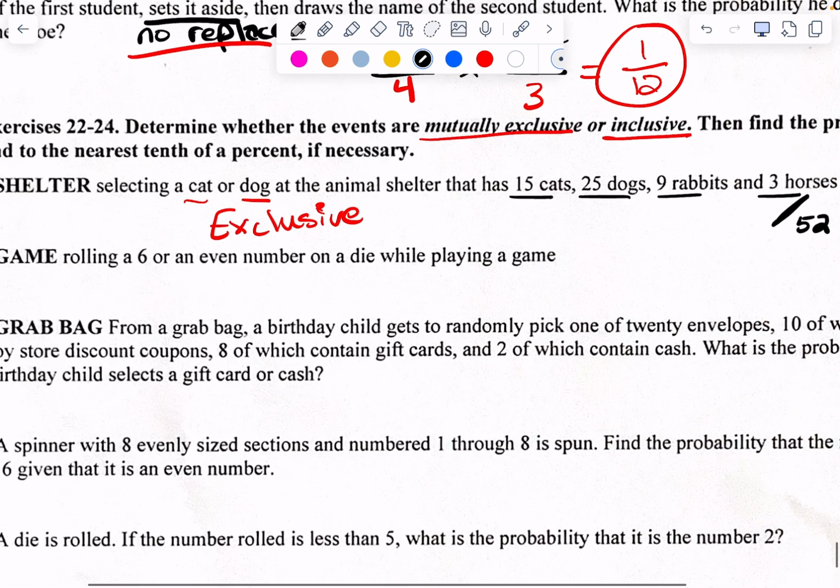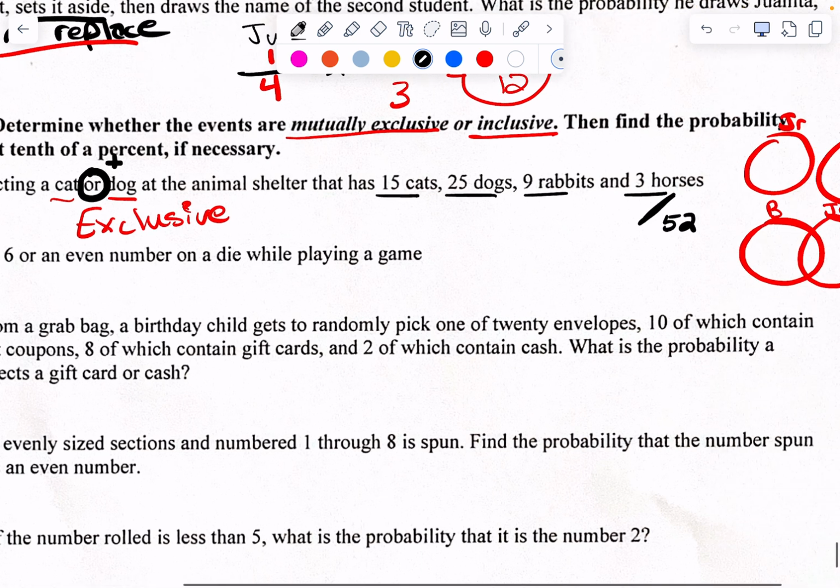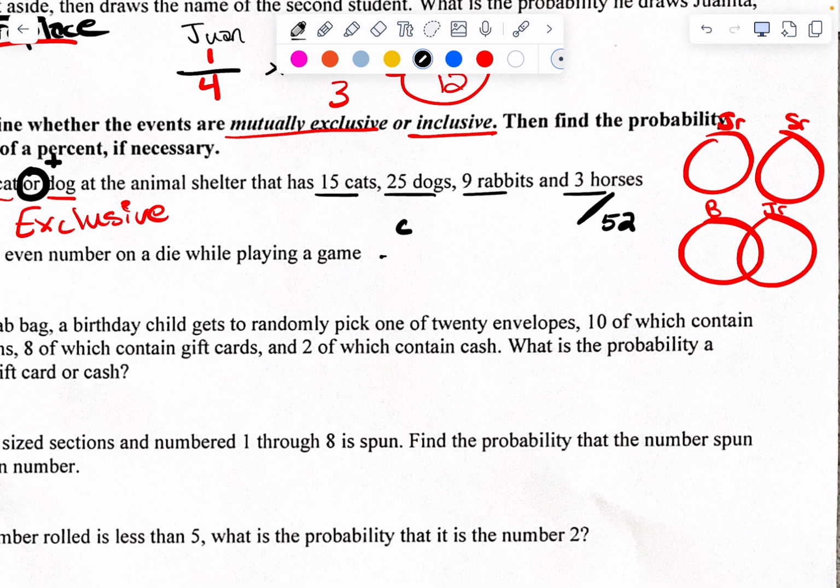Selecting a cat or a dog. Maybe I should circle the word or. Or means add. How many are cats or dogs? Let's do cats. Is 15 out of 52. Dogs is 25 out of 52. Or means add. So 15 and 25 makes 37 out of 52. Does that reduce? I think 37 is prime. What?